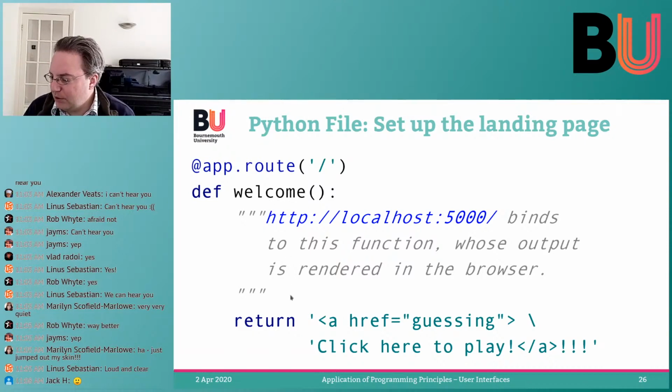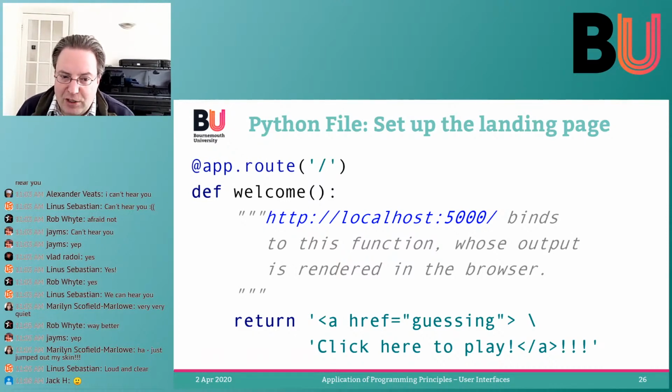And welcome, what it does, so this is the documentation of welcome, this function just returns a button or a hyperlink in kind of partial HTML, I would say. And this is returned if you just have the top level URL. That's what this route says. And the route can just have URLs, but it can also have variable parameters in there.